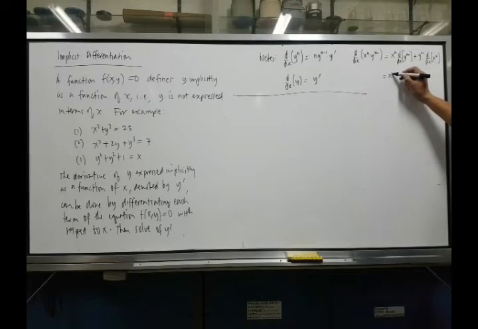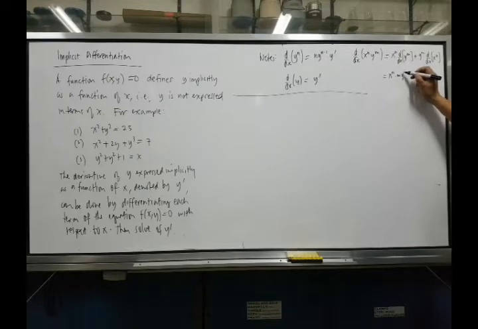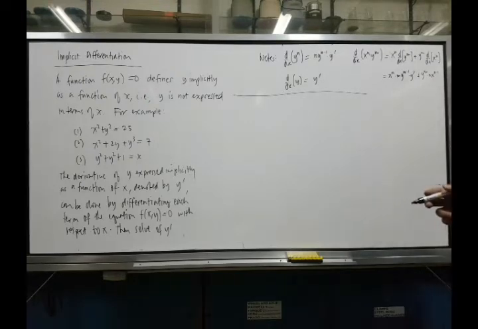And of course, this is x to the n, this is n y to the n minus 1. Because this is y and we are differentiating with respect to x by chain rule, we always end up with y prime, plus y to the n, and this is simply n x to the n minus 1, no more dx, because the derivative of x with respect to x is 1.